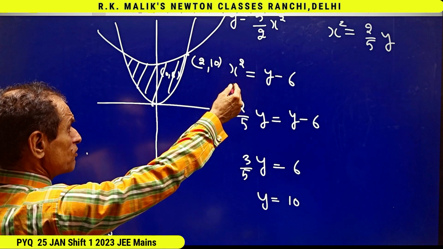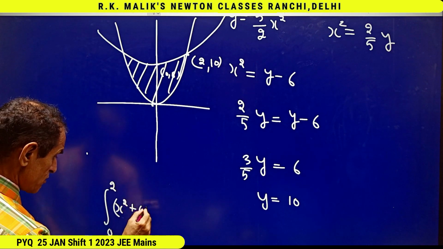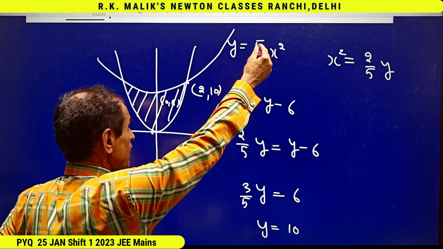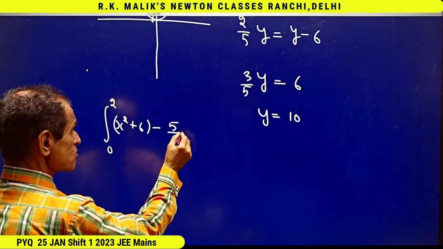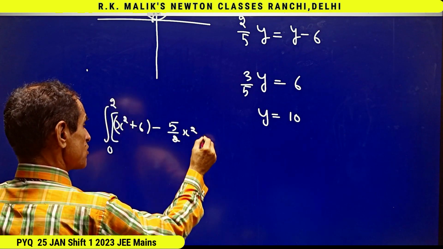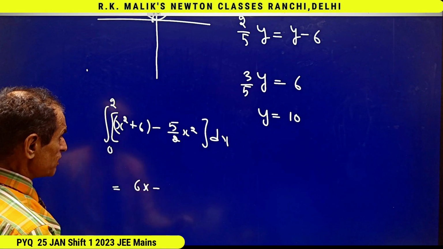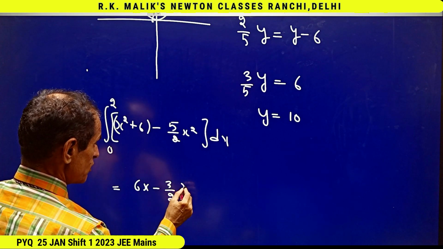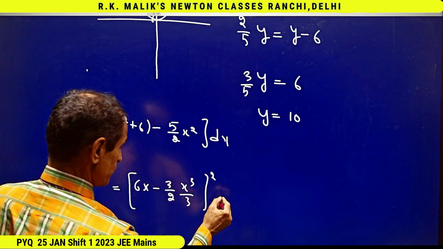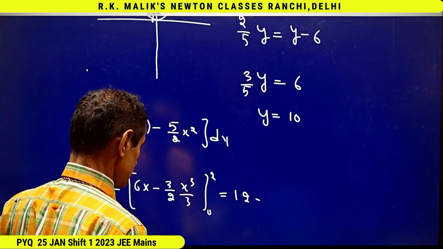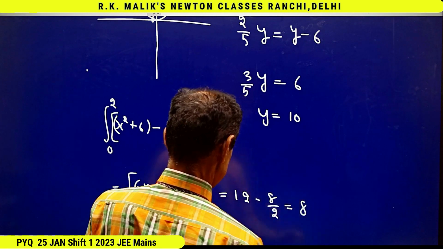The upper curve has the equation y equal to x square plus 6, and the lower curve has the equation 5/2 x square, that is minus, this is equal to 6x minus 3/2 x cubed by 3, from 0 to 2, that is 12 minus 8/2, that is 8.